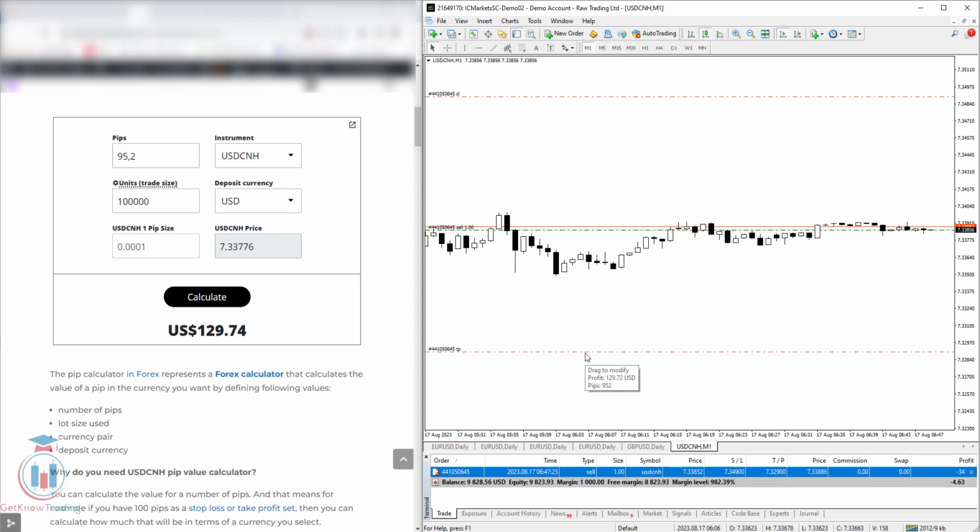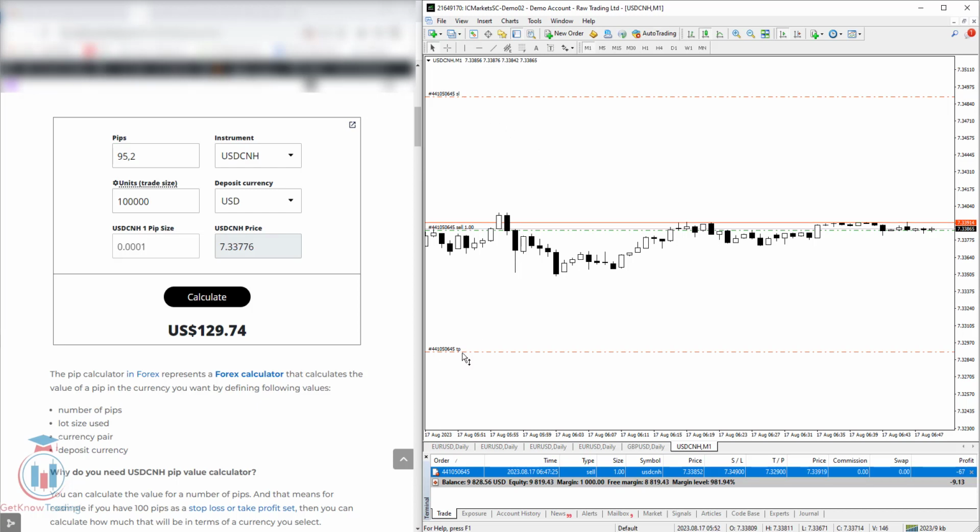So there is a small difference because of the calculations and also rounding numbers inside the trading platform and also inside this calculator. But usually this small difference doesn't make any difference in calculating the price for the take profit and stop loss, which means you can use this Pip calculator to calculate how much money you would make on this trade on a stop loss, also take profit.